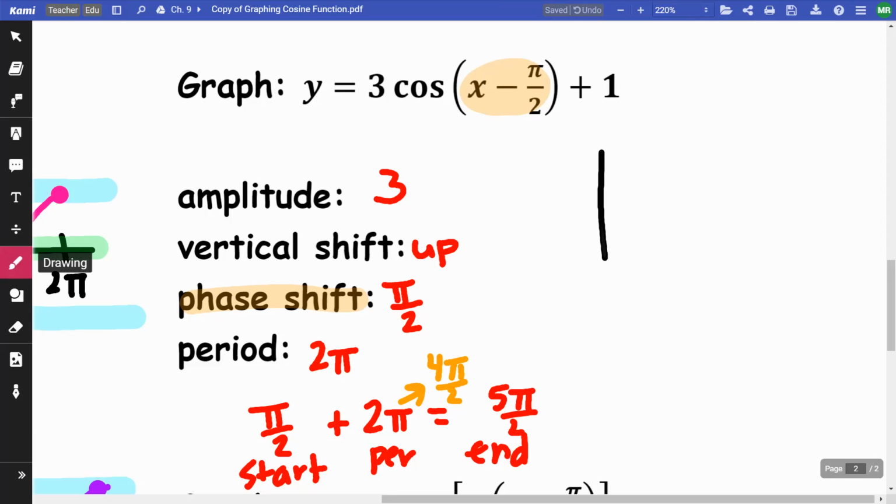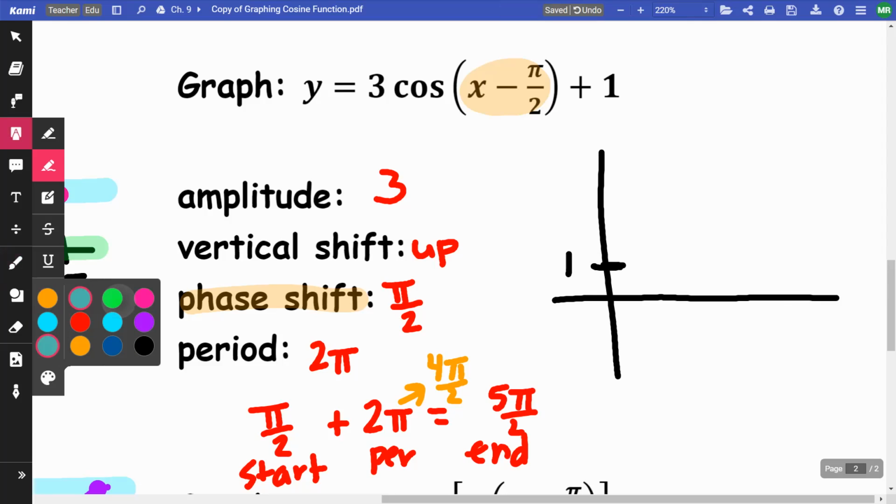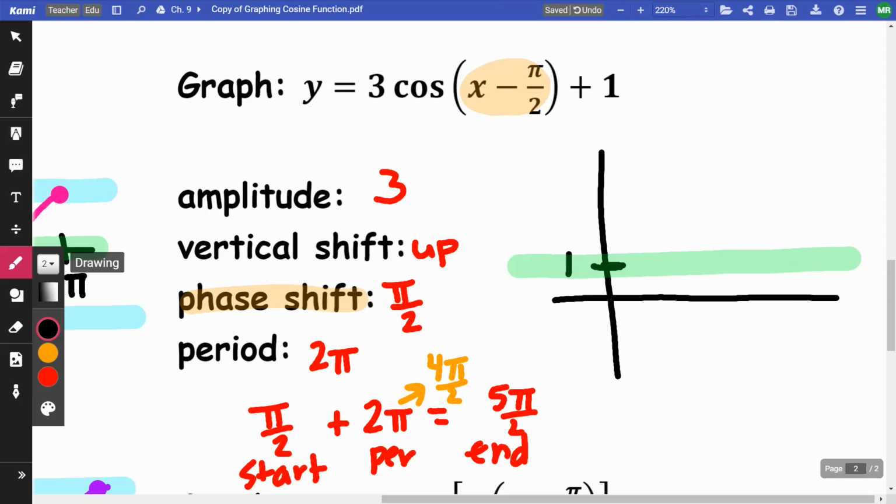So for this graph, I'm going to be starting up at 1. That is going to be my vertical shift. And then I'm going to be going 1, 2, 3 above that.